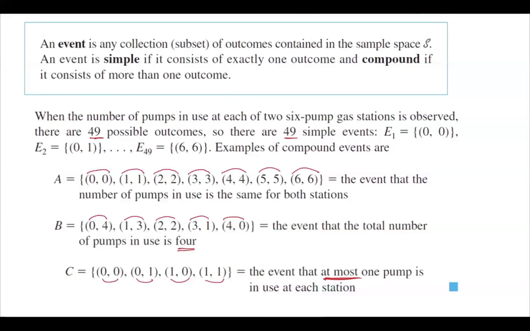So as you can see, at most 1 pump is used at each station can be written this way. So the cardinality or the size of each one of these sets is different.